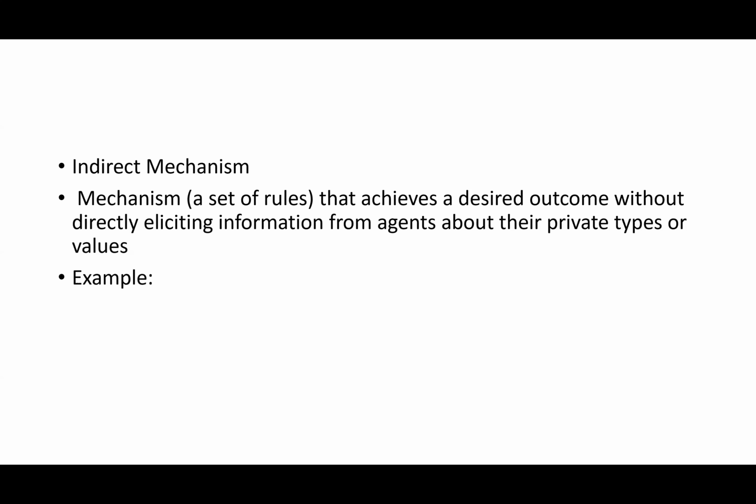Under the direct mechanism, the agent will tell you our preferences. Assuming we consider our class currently, we tell you what we want. We tell you that maybe we all want to pass your course.